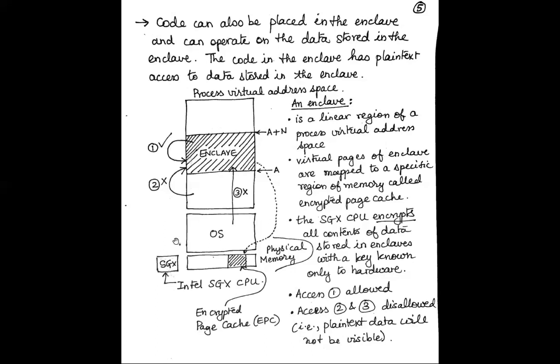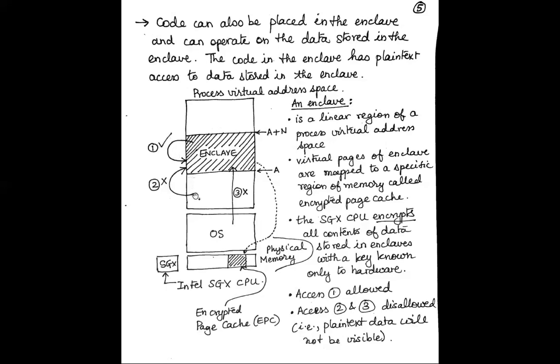So the SGX hardware will decrypt a particular content of the enclave only if the access to the data comes from code that's running within the enclave. That's why this arrow one, which shows that data within the enclave is being accessed by code within the enclave, is going to be allowed.